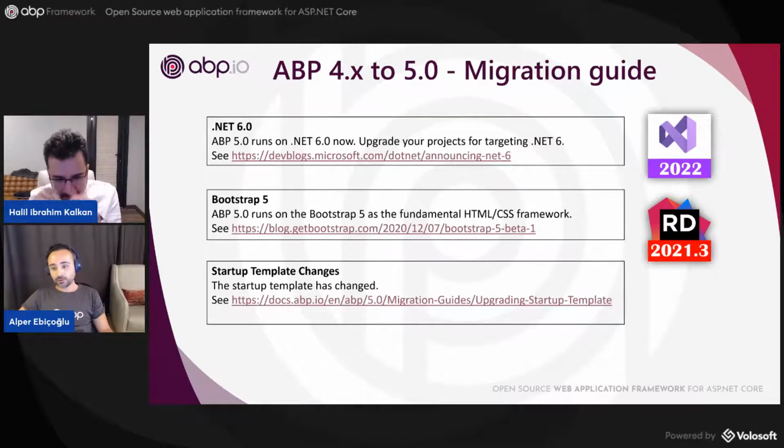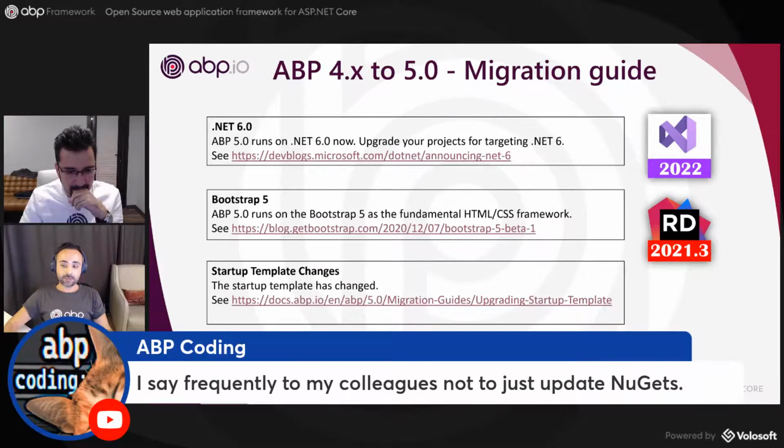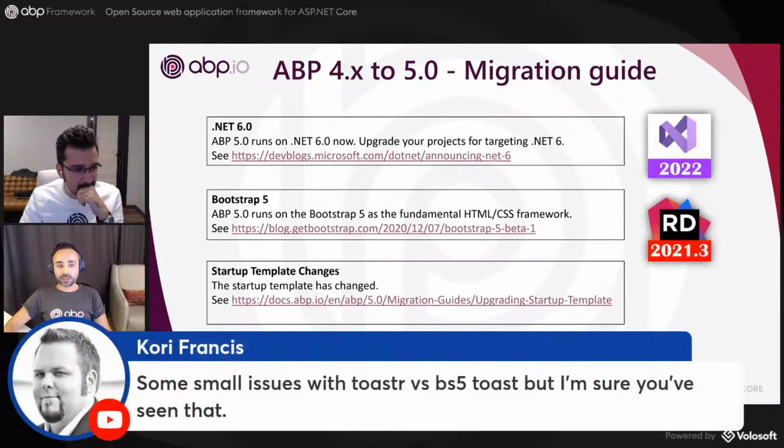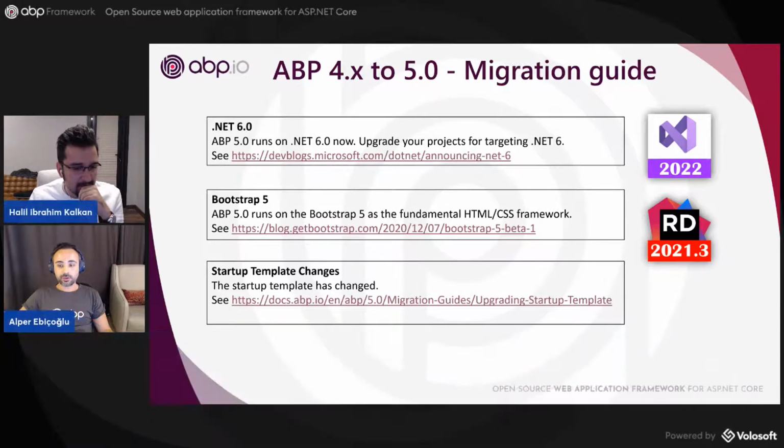We have migrated all the UI themes, tag helpers, UI components, and the pages of the pre-built application modules. You may need to update your own pages by following Bootstrap's migration guide. For the startup template change, you don't need to apply all these changes, but it's strongly suggested to follow this guide and make the necessary changes for your solution.